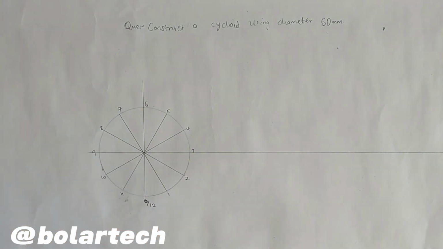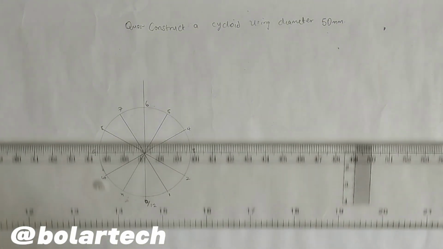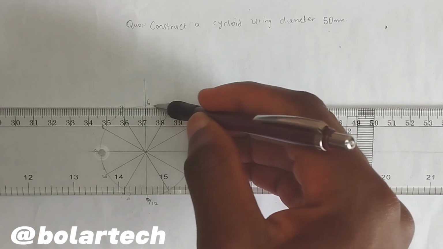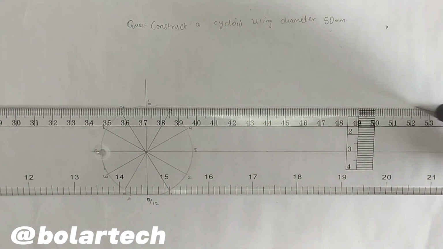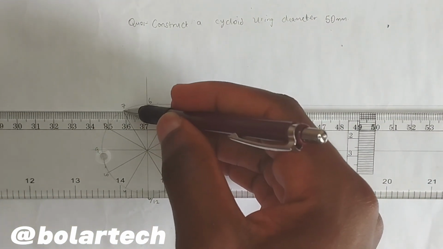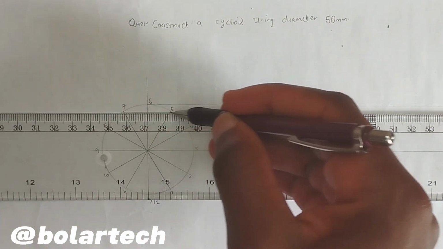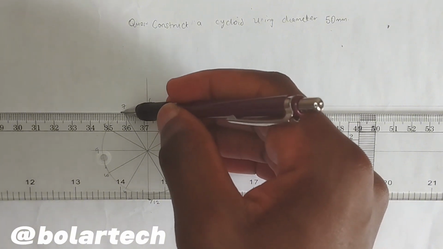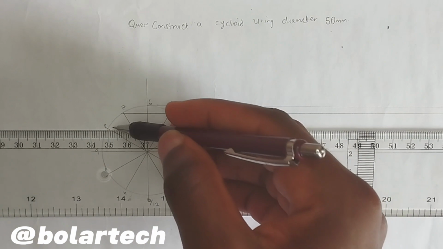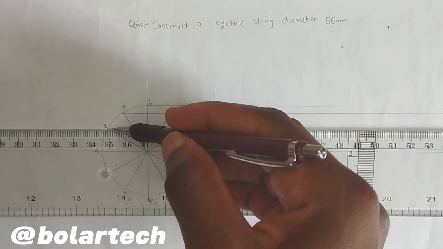This is 0/12. So what we are going to be doing next, we are going to be projecting horizontal lines straight from point 6. Project our horizontal line, move to points 5 and 7. Points 8 and 4 are also meeting.